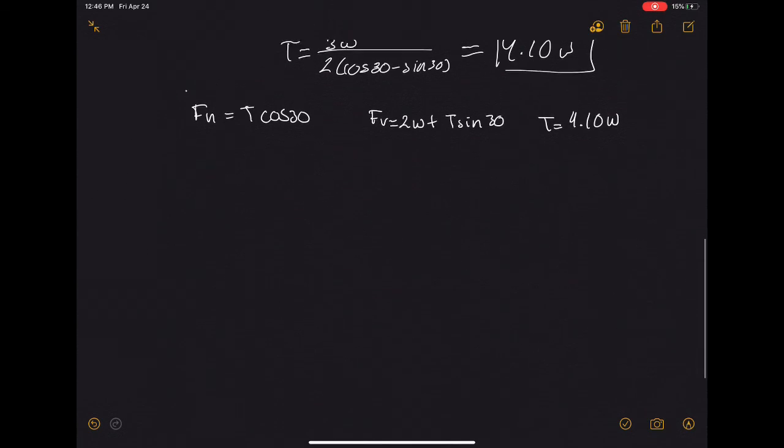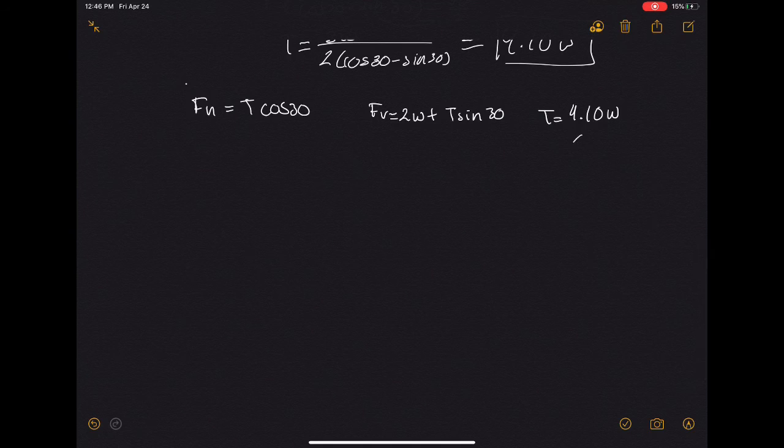Now we can plug the T in here and also in here, so we can know the forces acting on those.